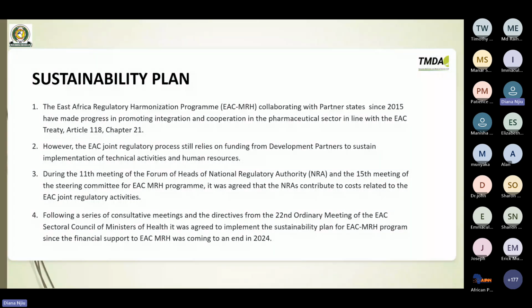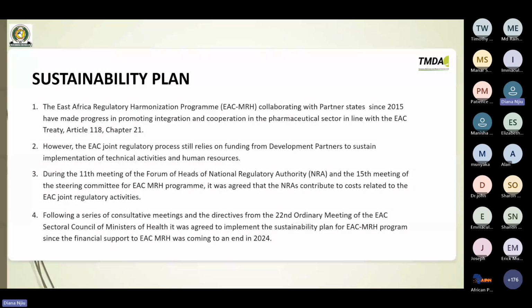Due to this, during the 11th meeting of the Forum of the Heads of the National Regulatory Authorities and the 15th meeting of the Steering Committee for the EAC MRH program, it was agreed that the NRAs should contribute to the costs related to the EAC joint regulatory activities.